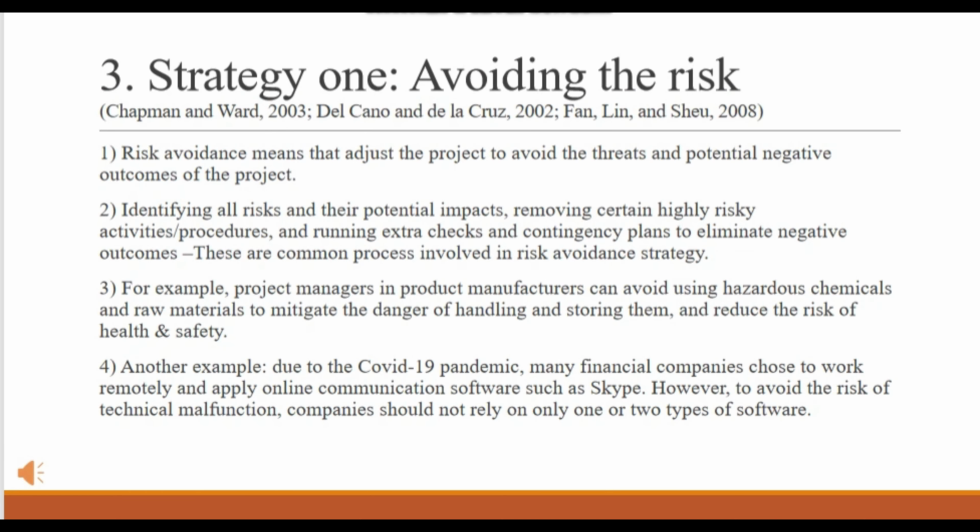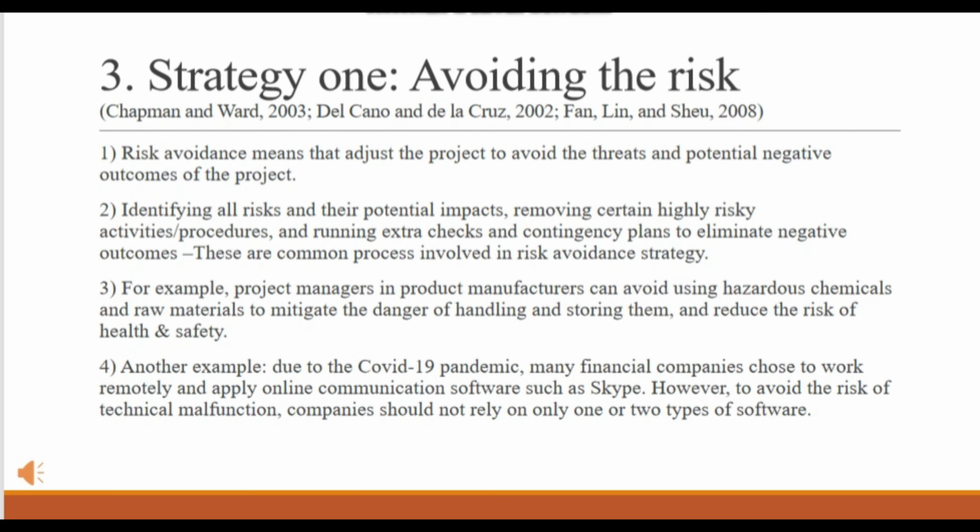The first strategy I'm going to introduce is risk avoidance. This does not indicate a significant change of the plan or abandoning the project. Instead, it means adjusting the project to avoid the threats and the potential negative outcomes of the project.